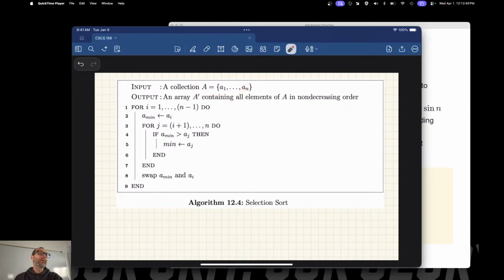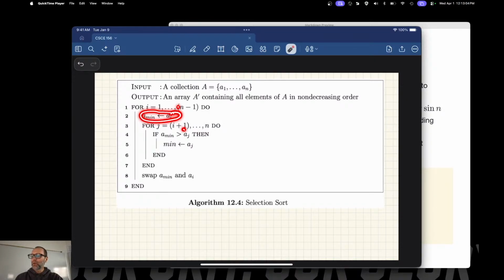Again, step 1, 2, and 3, it's going to be straightforward. A is your input. N is your input size. What is your elementary operation here, though? Would it be any of this stuff right here? That's for the control structure of the algorithm. Would it be any of this stuff right here? That's for the control structure of the algorithm. Should I even bother looking at 2?